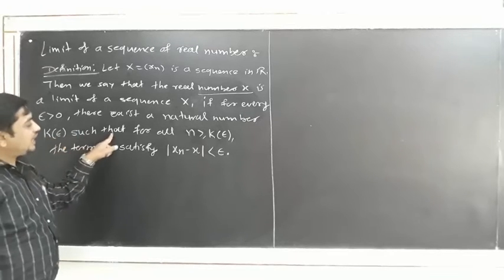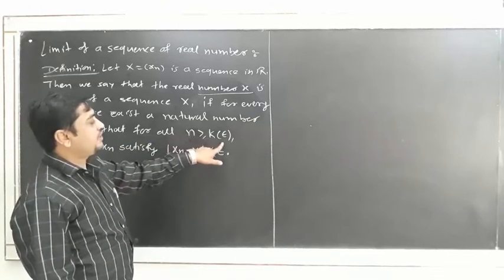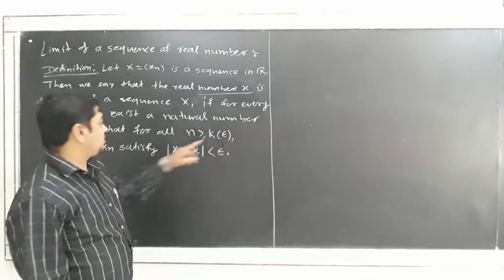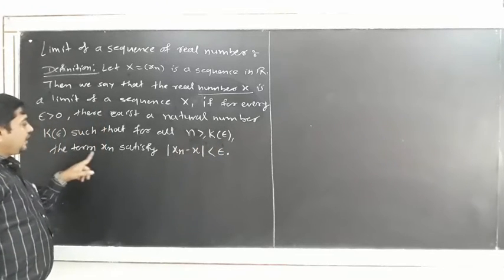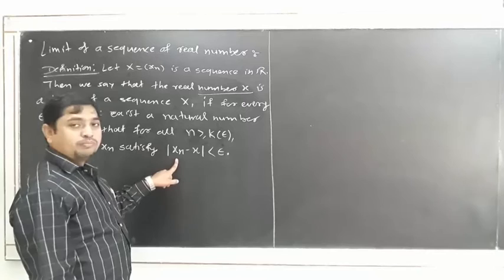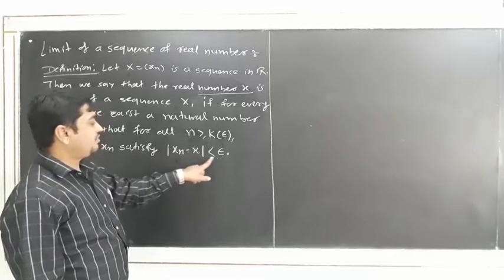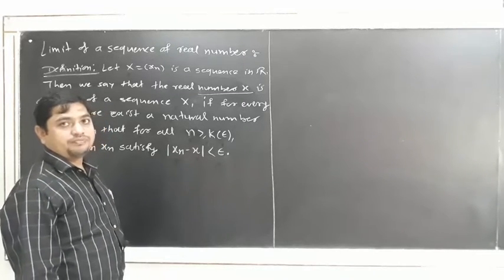Such that for all n greater than or equal to K(epsilon), the term xn satisfies |xn - x| < epsilon.